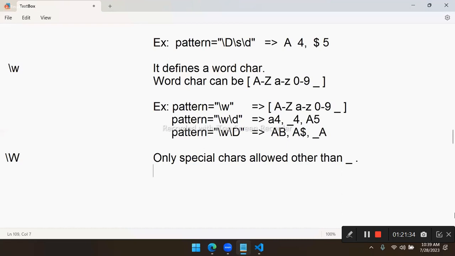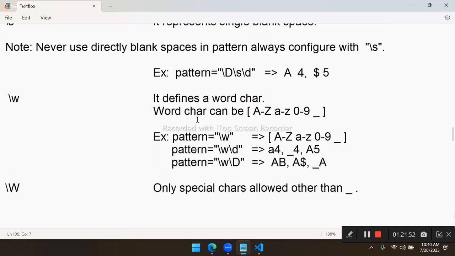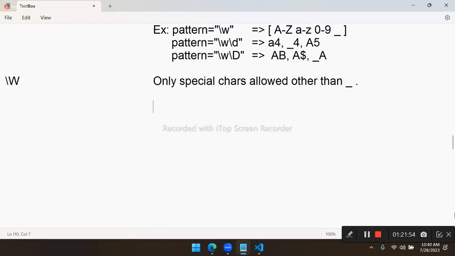That means underscore is not allowed, because underscore is a part of \w, right? That means other than underscore, all special characters, only special characters. Alphabets, uppercase, lowercase, and numbers are not allowed, only this. So you can configure like this.